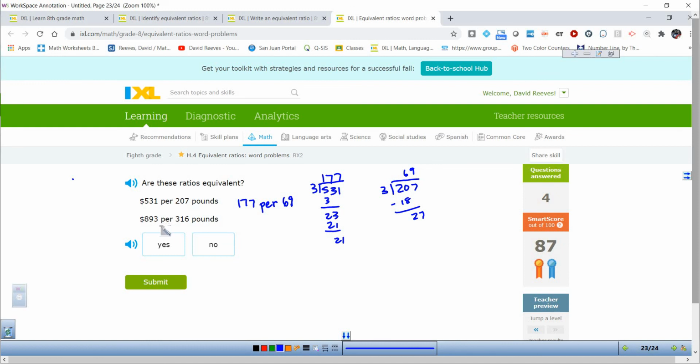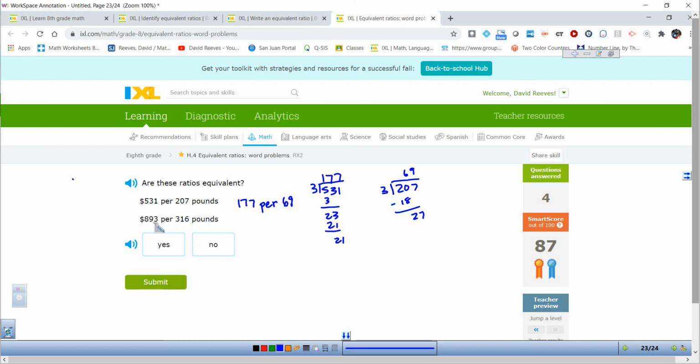Okay? All right, now if I do this one right here, is 3 going to go into this number? It's not, is it? All right, because 8 plus 9 is 17, and 17 plus 3 is 20. So 3 is not going to go into this evenly. All right, the question is, will 177 go into this evenly?